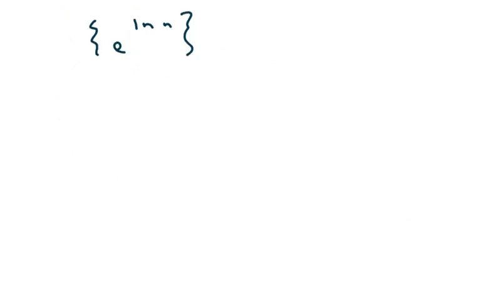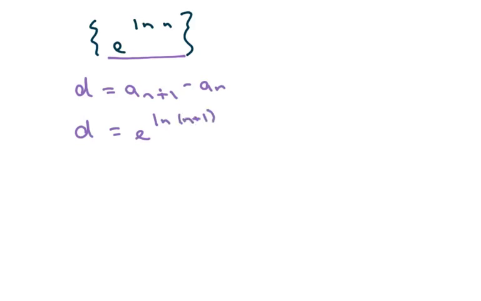And the last one is kind of funny looking too. So basically what I'm going to do with this one is find my common difference, which is d equals my next term minus my current term. My next term would be e to the ln of n plus 1, minus my current term, e to the ln of n.